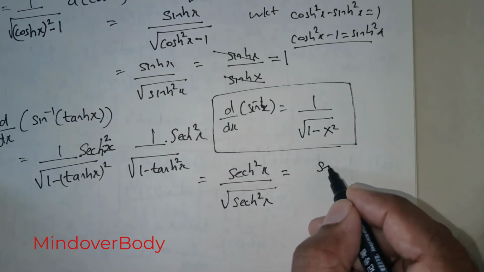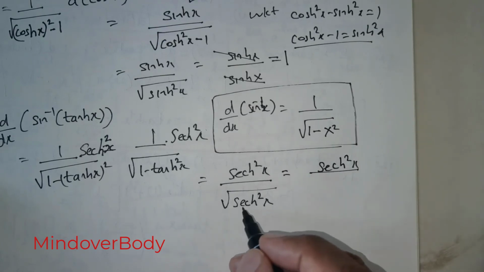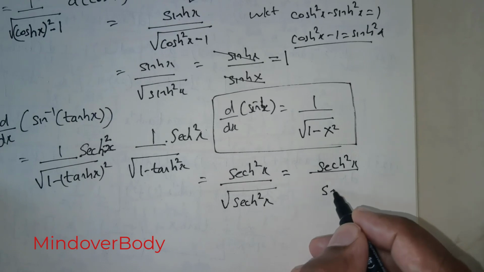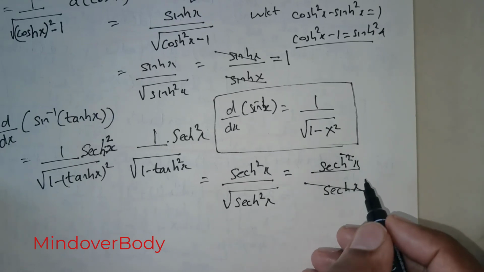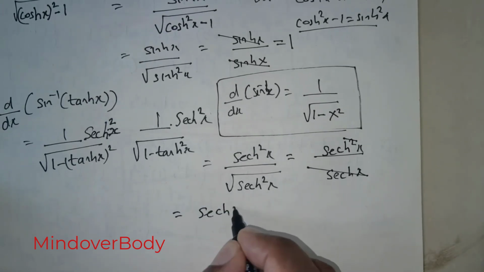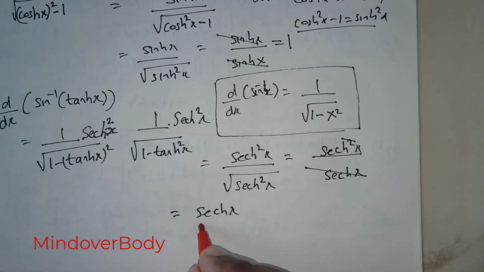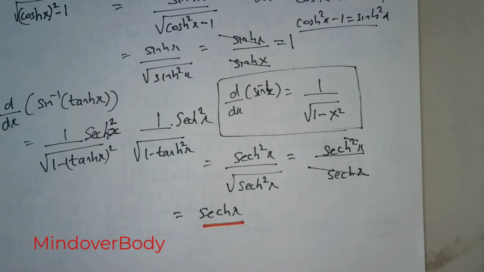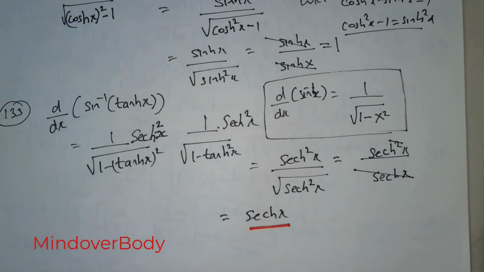So this can be rewritten as sech squared x divided by root of hyperbolic sech squared x, which will give you hyperbolic sech x. The sech x can be cancelled, giving me sech x. So this is a good place to draw the red line for this particular question. So this is 133. We will go on to the next question.